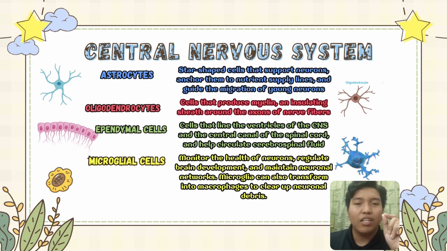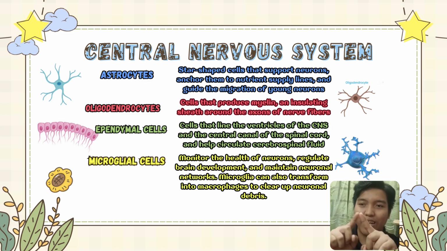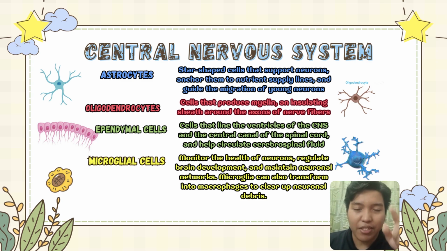The second one, oligodendrocytes, the one on the top right, are cells that produce myelin, which is an insulating sheath around the axon of nerve fibers. The third one, ependymal cells, the one that looks like a bunch of cells in a line, are cells that line the ventricles of the central nervous system and the central canal of the spinal cord and help circulate the cerebrospinal fluid. The last one is microglial cells.